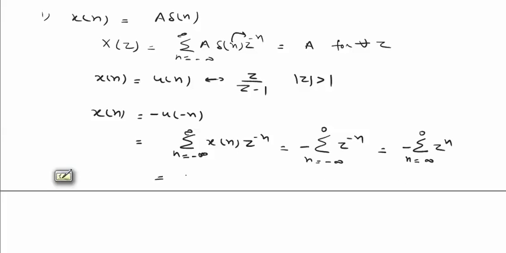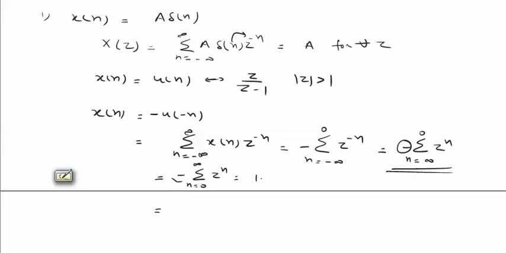By adjusting the limit, minus z n. Limit adjustment in this discrete case has no sign change. In integration, we change the lower limit into the upper limit and the upper limit into the lower limit, and there is also a sign change, but in this case there is no sign change.